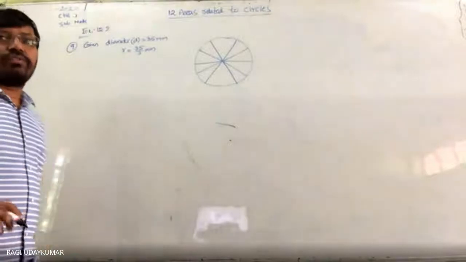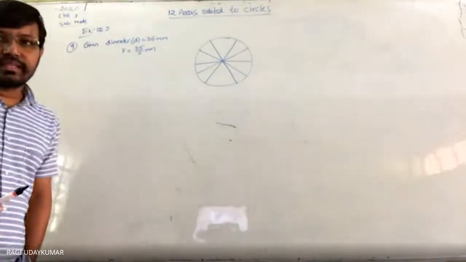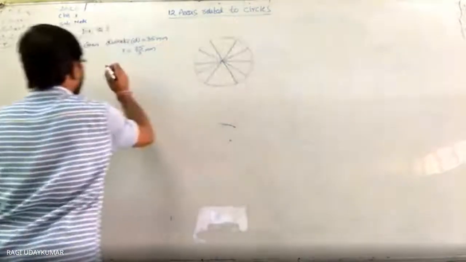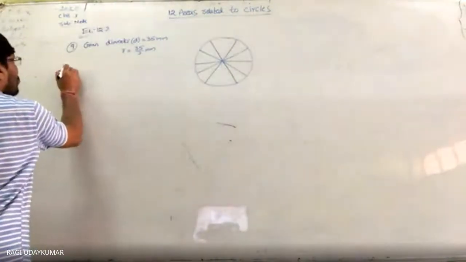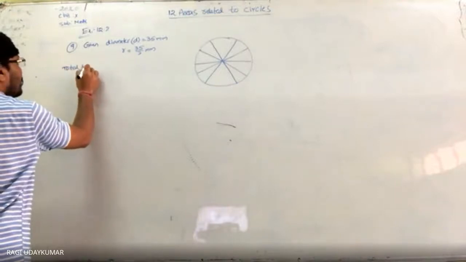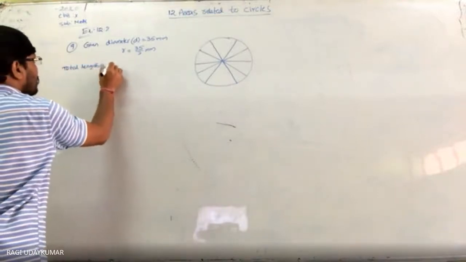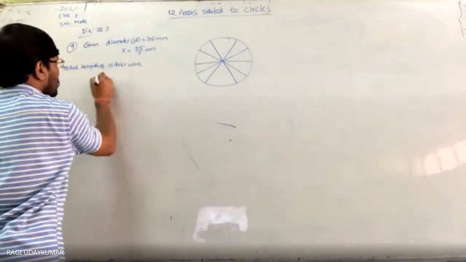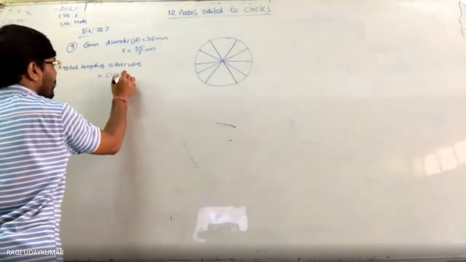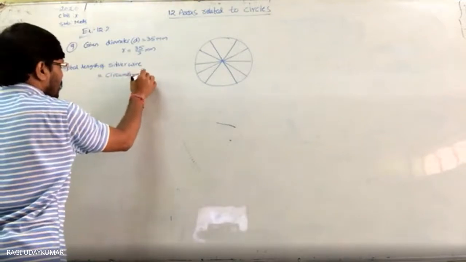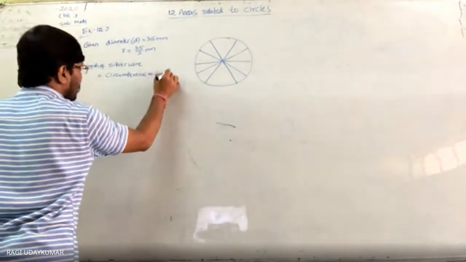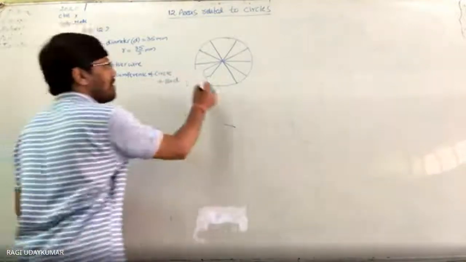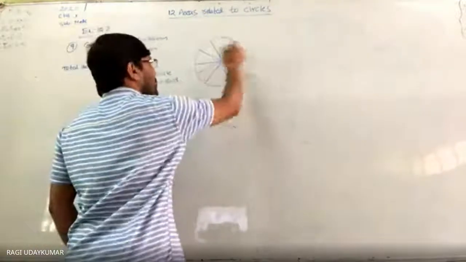Okay. So therefore the question is asking to you here in this case total length of the silver wire. So total length of the silver wire is equals to circumference of circle plus 5 times diameter. ये भी सिल्वर वायर है और ये भी सिल्वर वायर है.